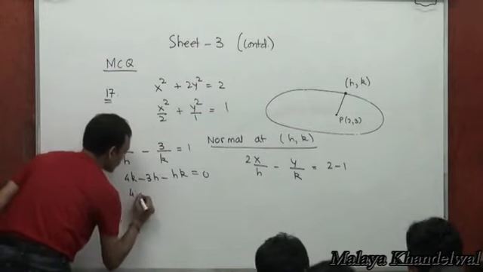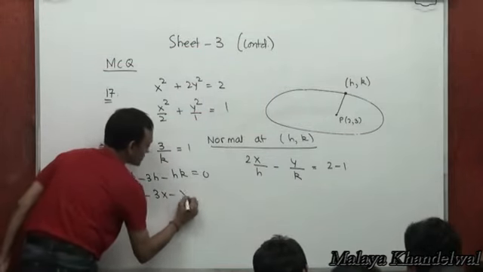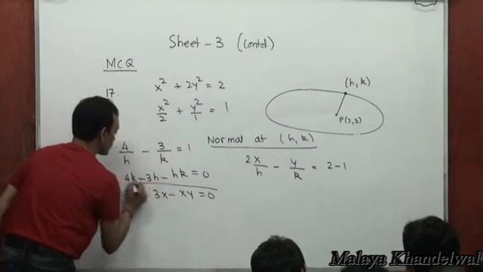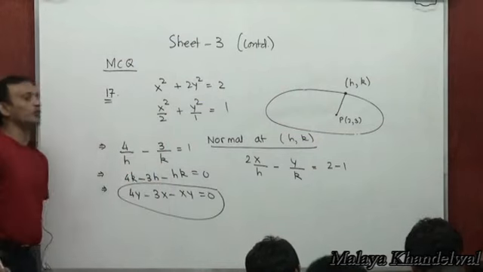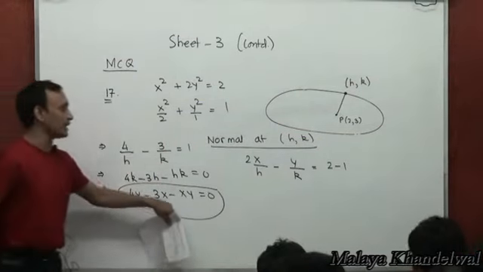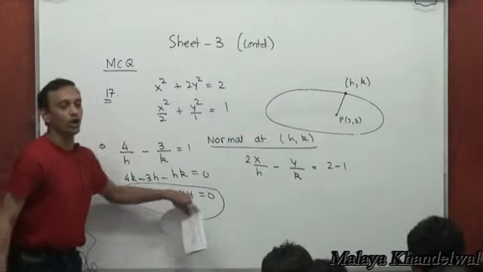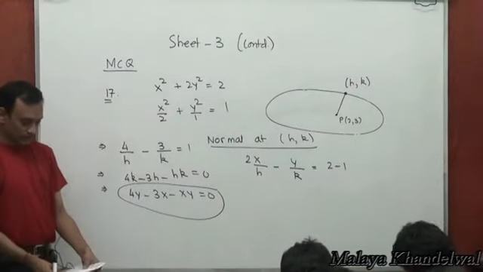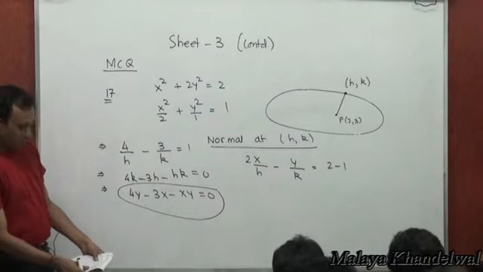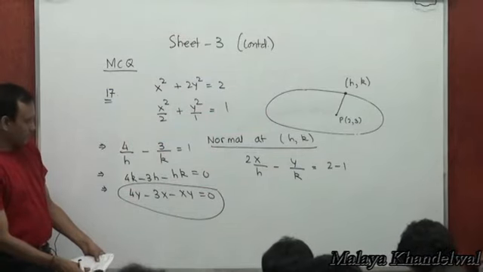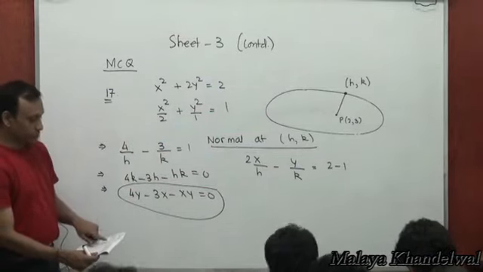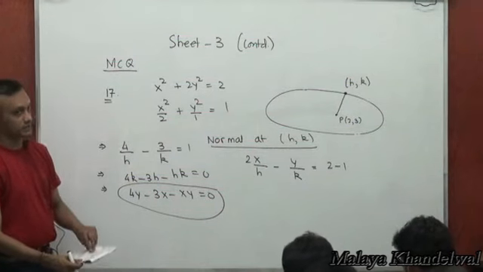So 4y minus 3x minus xy equal to 0 is the locus of the 4 co-normal points. All the 4 co-normal points lie on this curve, which is like 3x minus 4y plus xy. So that's option B.